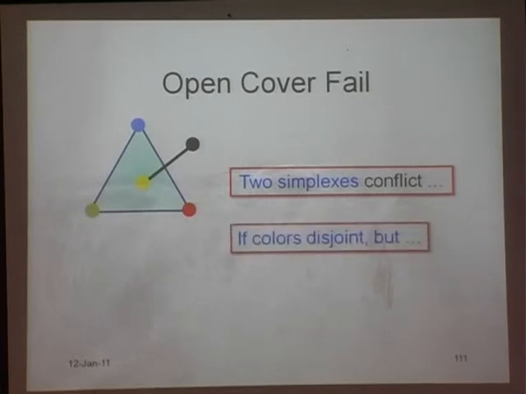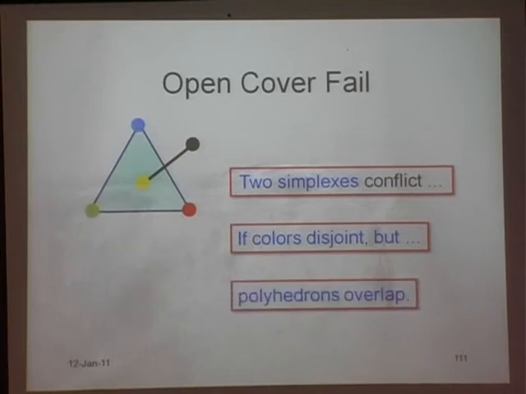This triangle has 3 colors and this edge has 2 colors. But their polyhedrons overlap. So this is a simplex of one subdivision. This is a simplex of a different subdivision. And we're in trouble here because they overlap, but their colors are disjoint.